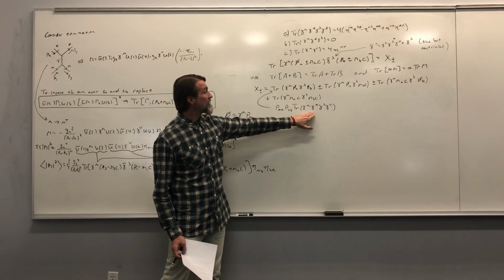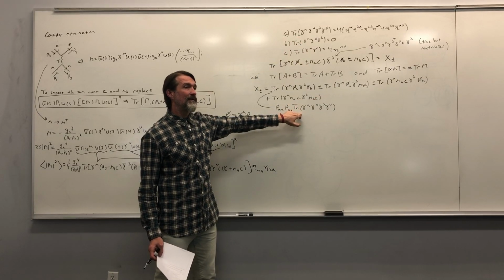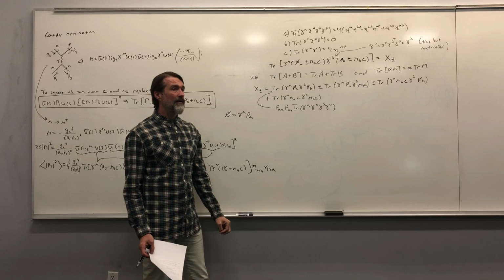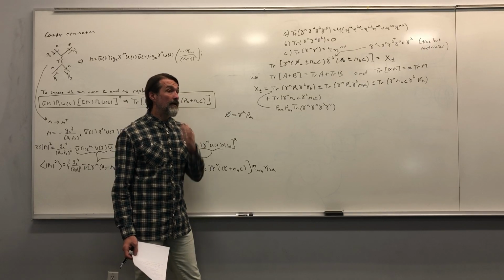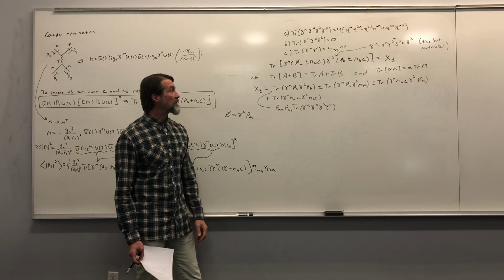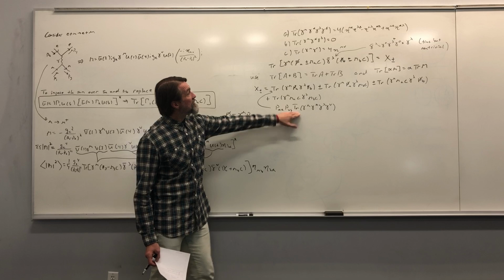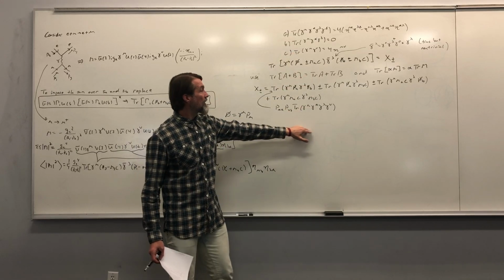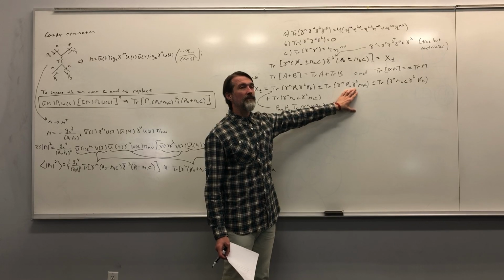But look at this. Boom. Yes? You say trivial, do you mean it's a scalar? Yeah, it's trivial in spin space, so it's a scalar in spin space. So clearly on this term, I can use the first formula. What about this term? What can I use?